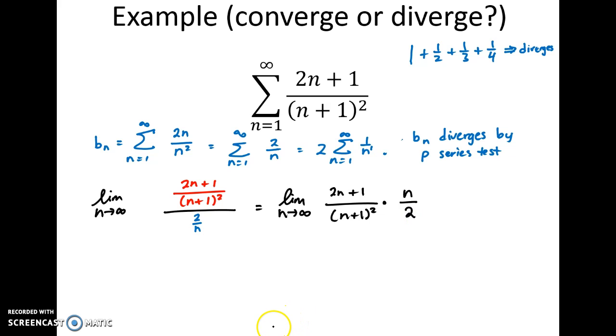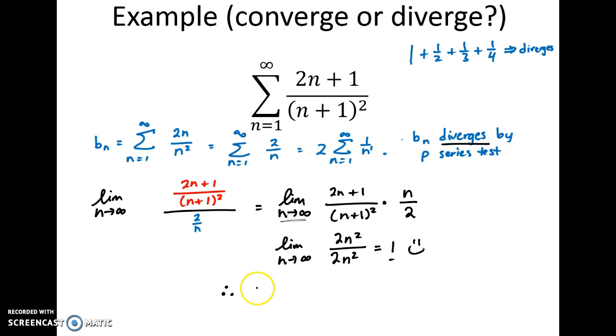And then, again, this is a limit as n goes to infinity, so I really get to use end behavior again. So it's the limit as n goes to infinity of 2n squared over 2n squared, which is 1. 1 makes us happy when we're doing this because we have a divergent series. We took the limit, and so therefore we got a number that was between 0 and infinity.